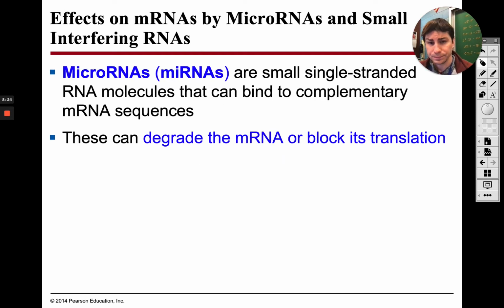Our first one is going to be a single-stranded RNA. It's called miRNA. It's microRNA. So what these are going to do, these are going to degrade the mRNA, or, and you'll see the picture in the next one, block the mRNA from being translated.